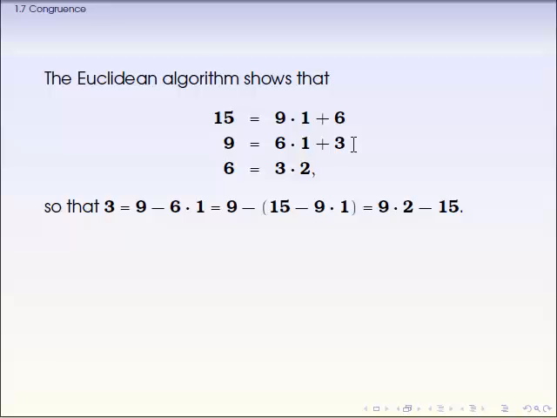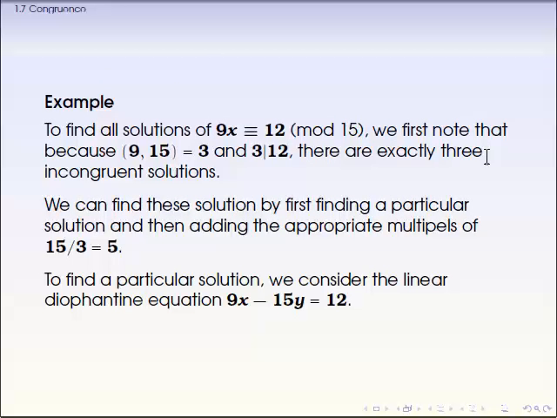Then, starting from the last nonzero remainder, rearrange the equations. So 3 can be written as 9 minus 6 times 1. This first equality came from this one. Then we want to get to 9 and 15, the coefficients of x and y in the Diophantine equation.